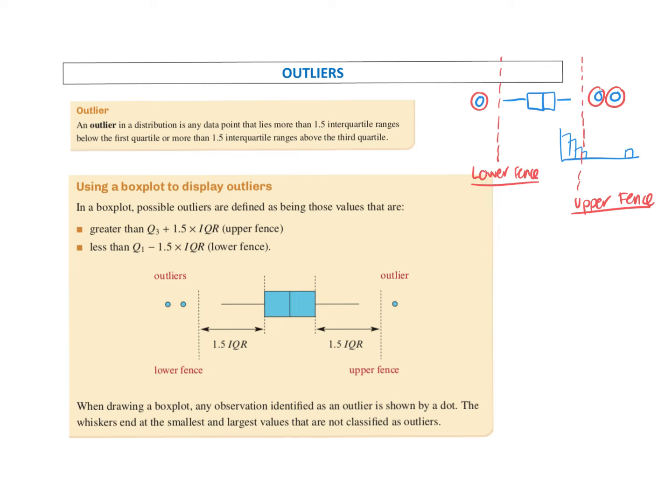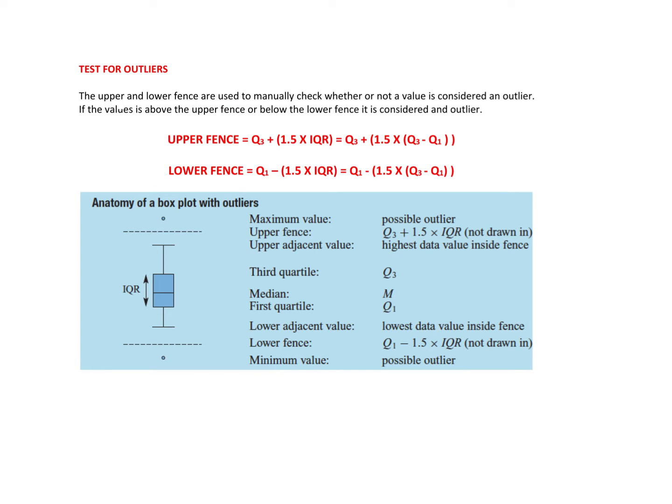So here briefly, they're saying this is the rule to explain. That would be Q3, and this would be Q1. So anything below Q1 minus 1.5 times the interquartile range is an outlier, and anything above Q3 plus 1.5 times the interquartile range is an outlier. But just to make your life easier, here are the actual formulas for the upper and lower fence.